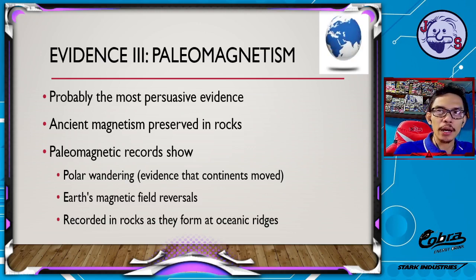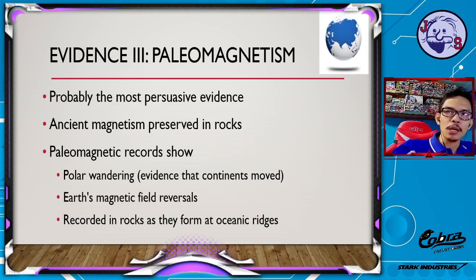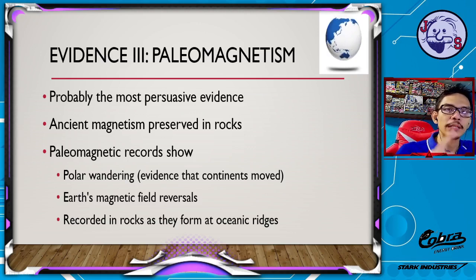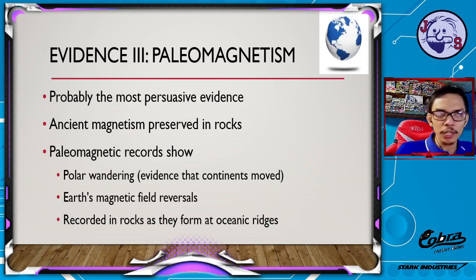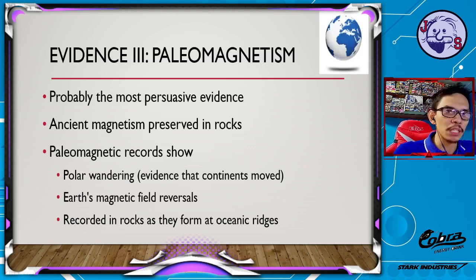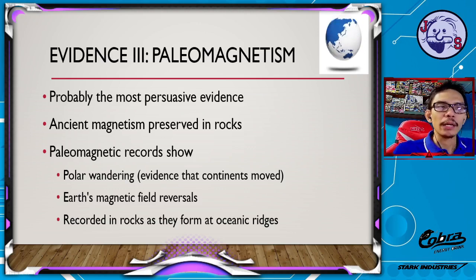Because there are a lot of things that this particular evidence can show us, especially the original location of the continents, their location long ago, millions of years ago. That is why it is the most persuasive and the most comprehensive. It contains a lot of data that can support the plate tectonics theory in the future.